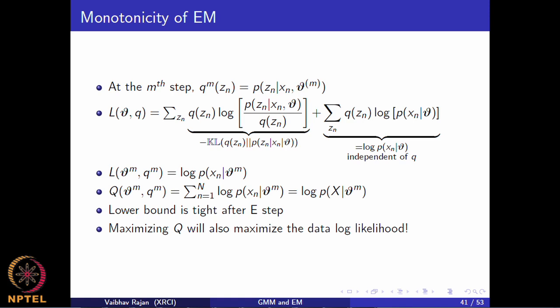Because this KL divergence becomes 0 at this point, this Q function is exactly equal to the log likelihood, which means the lower bound is tight after the E step, which is what we wanted. And so maximizing Q after this is going to maximize the data log likelihood also.